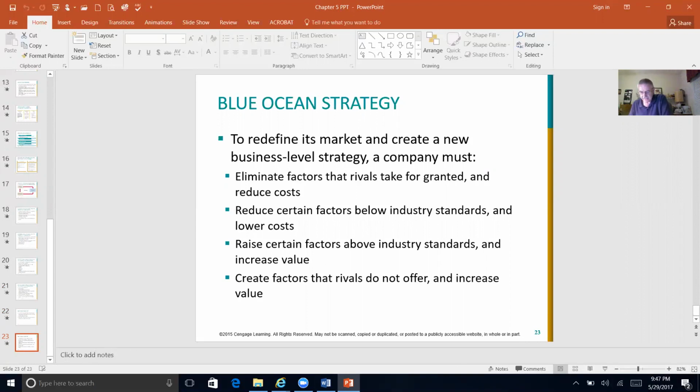When you do that, it shifts the basis of competition and hopefully will result in a sustained competitive advantage for you. It's really about this blue ocean strategy, redefining the marketplace so that the company can eliminate certain factors, reduce certain factors, raise certain factors, or create certain factors that the rivals are not doing in order to maintain their competitive advantage or gain new market share.